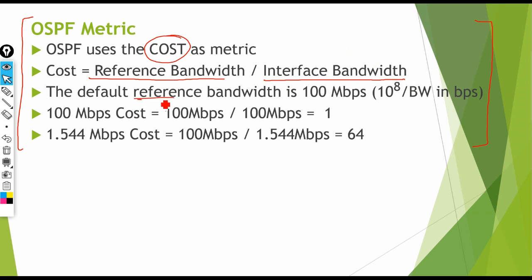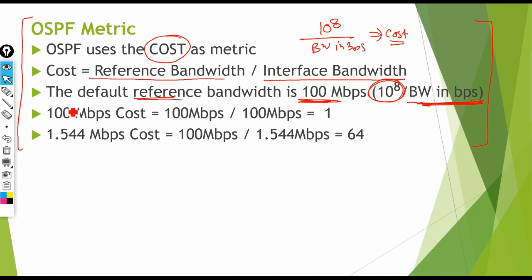By default the reference bandwidth is 100 Mbps. If you convert this to bits per second, it becomes 10 power 8, divided by bandwidth in bits per second. This is equal to cost.